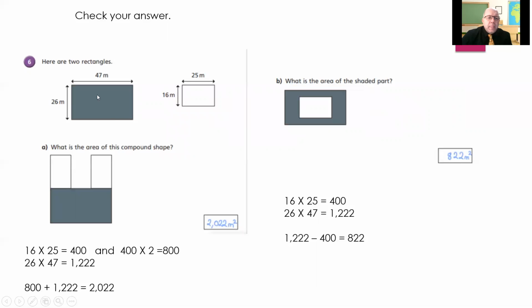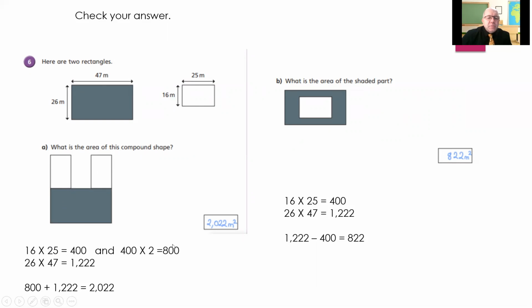There you go. So the grey shape, 26 meters long, 47 wide, the white shape, 16 meters long, 25 wide. So for A, you need to work out the white shapes are 16 multiplied by 25, which is 400. But there's 2 of them.